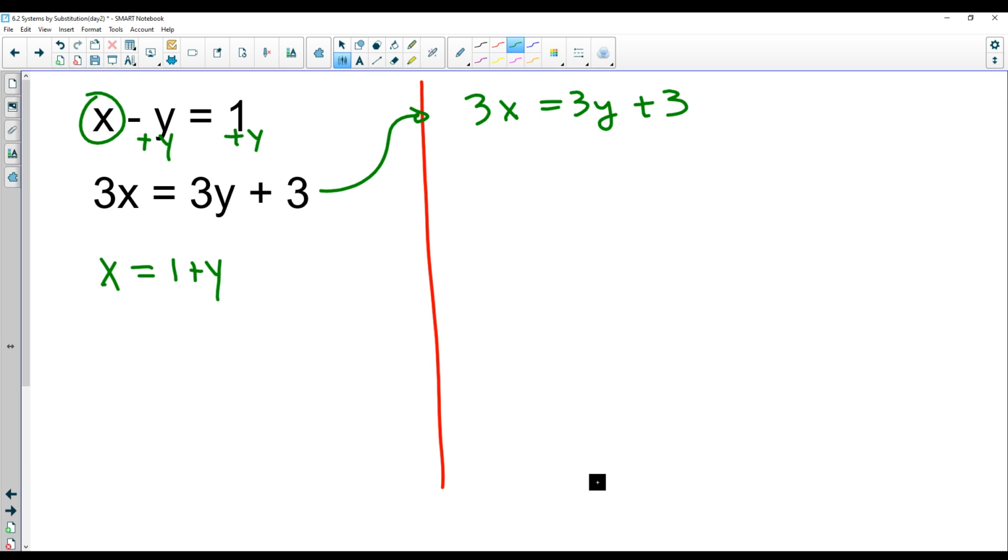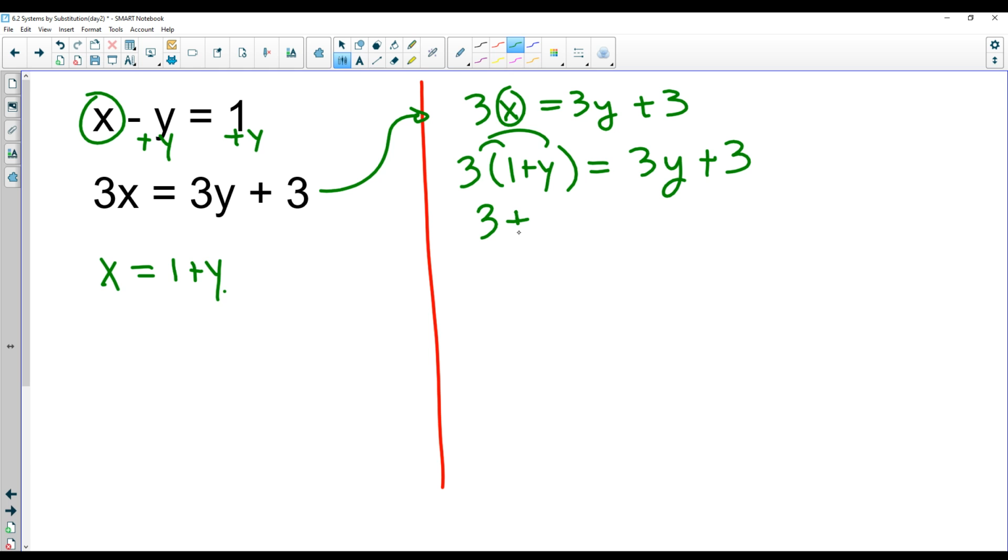Okay, now x equals 1 plus y. So where I have the x, that's where I'm going to put 1 plus y. Okay, distributive property, so 3 plus 3y equals 3y plus 3.